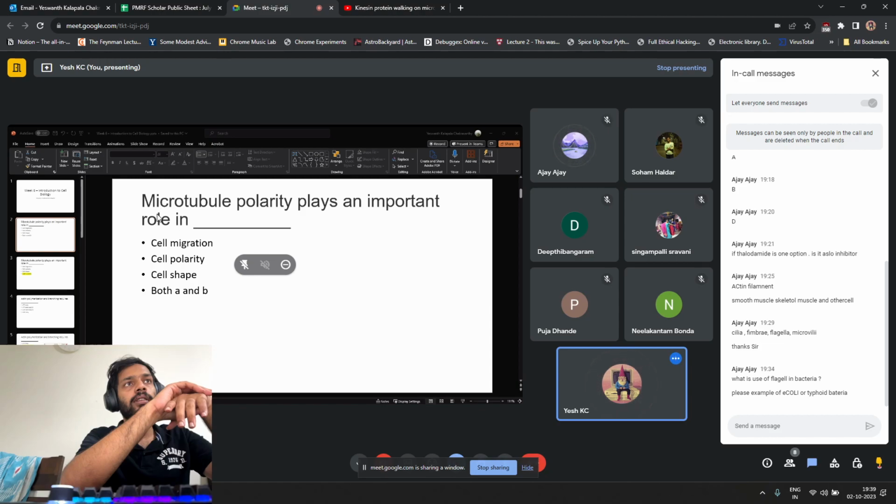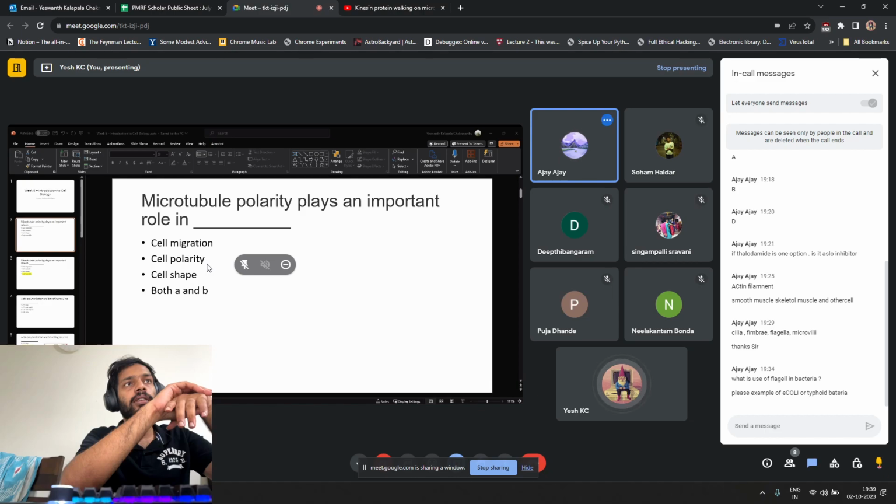Thank you, sir. So the answer is technically both cell migration as well as cell polarity. Microtubules might play a role in cell shape, but here we're talking about the polarity of the microtubule, which will give the cell its polarity and also help in cell migration. The cell migration is intracellular or intercellular?